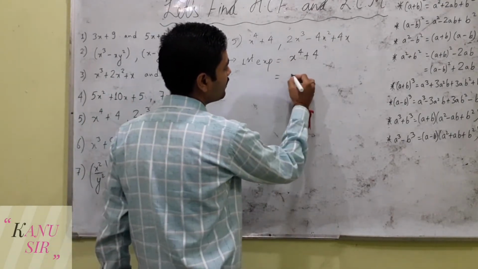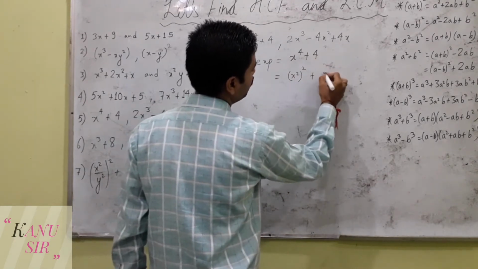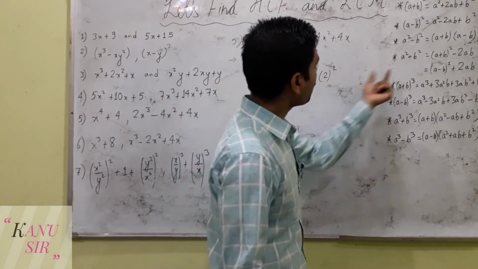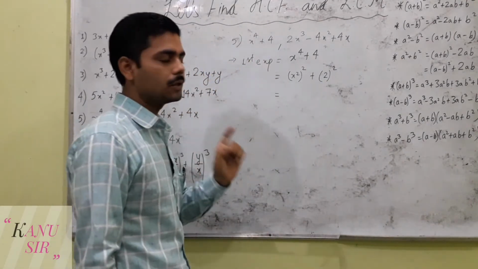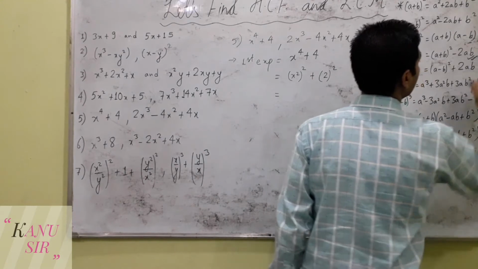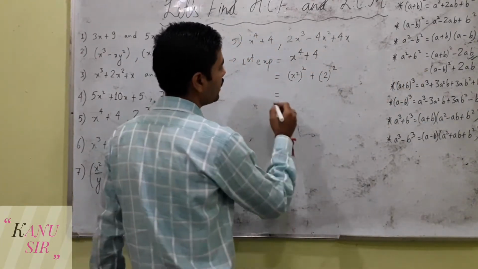X power 4 can be changed to x square whole square, and 4 can be changed to 2 whole square. Here we are making the formula like a square plus b square, and in the previous video I have explained that while factorization we must always take the first formula from a square plus b square.